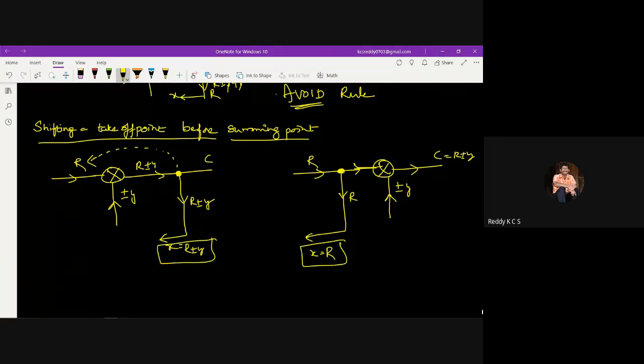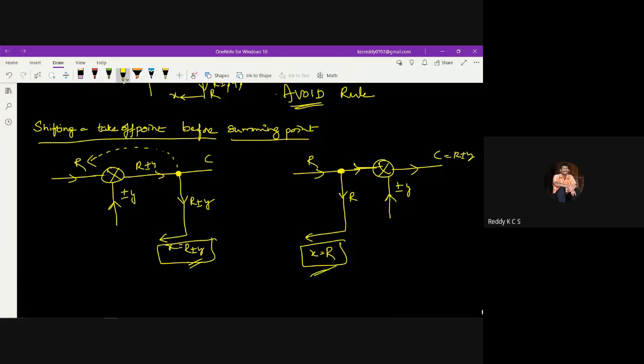Here R is there. So we need to add one more value of the signal, which is plus or minus Y. It means the same signal which you are inputting to this summing point, you need to have one more in line with this takeoff signal, one more summing point, and then send the same signal to this summing point, so that I can get R plus or minus Y without changing the takeoff signal value.